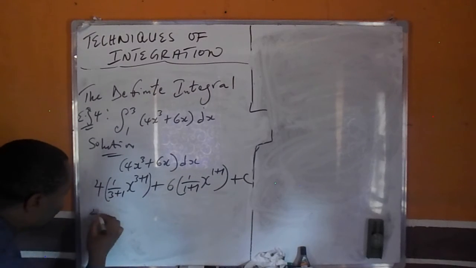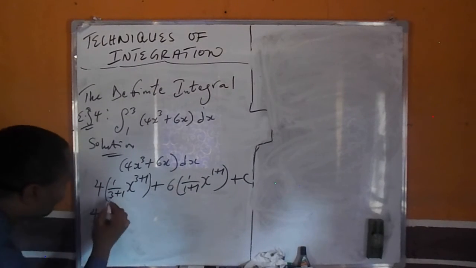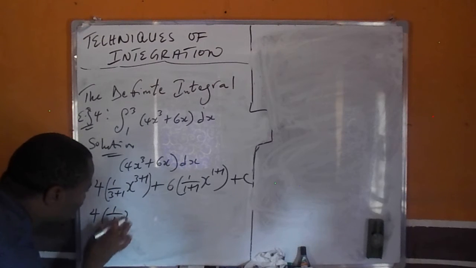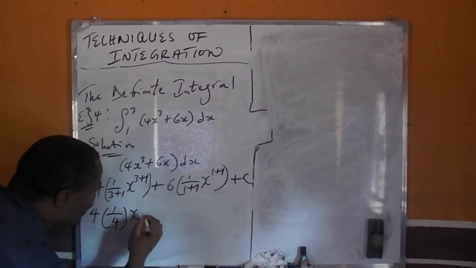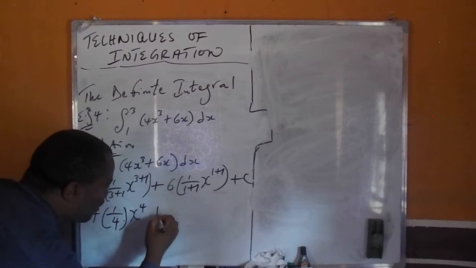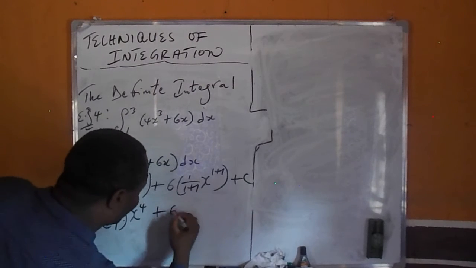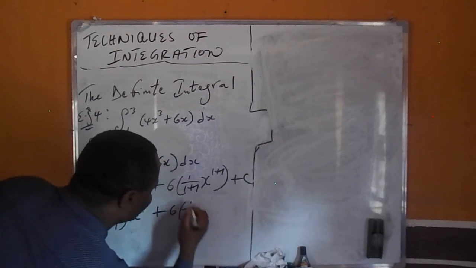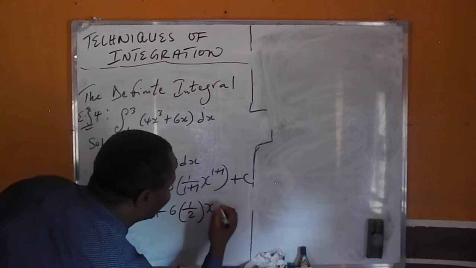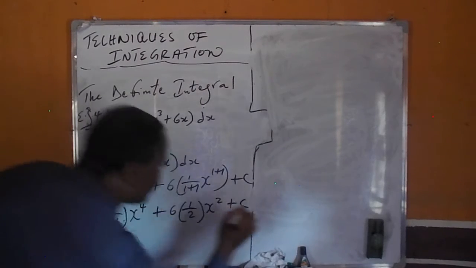Now we can say 4 in bracket 1 all over 4, x raised to power 4, plus 6 in bracket 1 over 2, x squared, plus c.